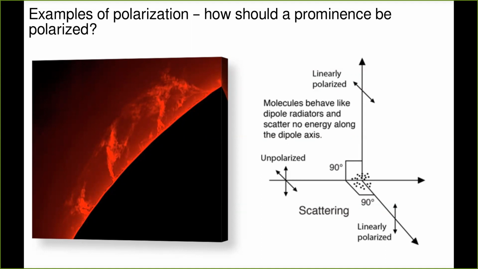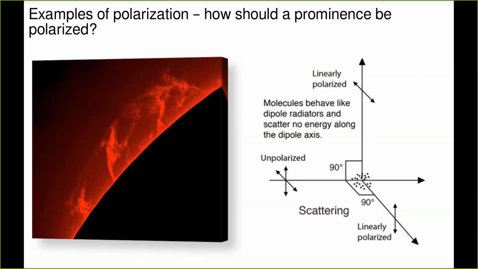So in principle, because of this, the light coming from the prominence is going to be linearly polarized. And if I define my Q being positive when it oscillates vertically, this would be positive Q, and this would be negative Q.